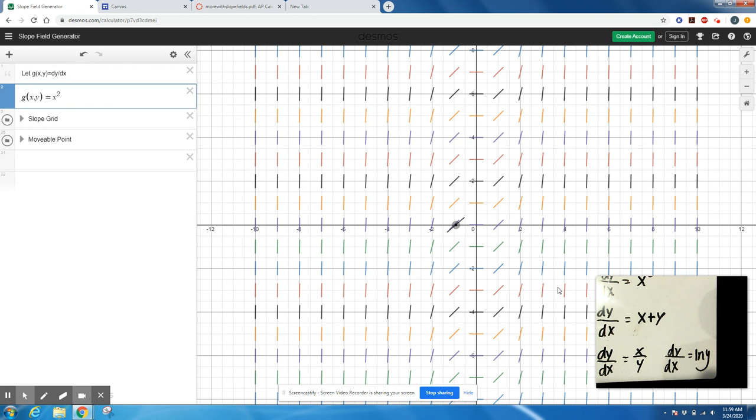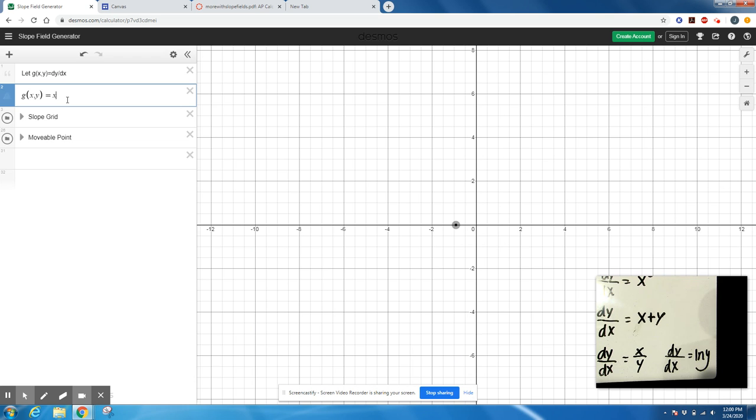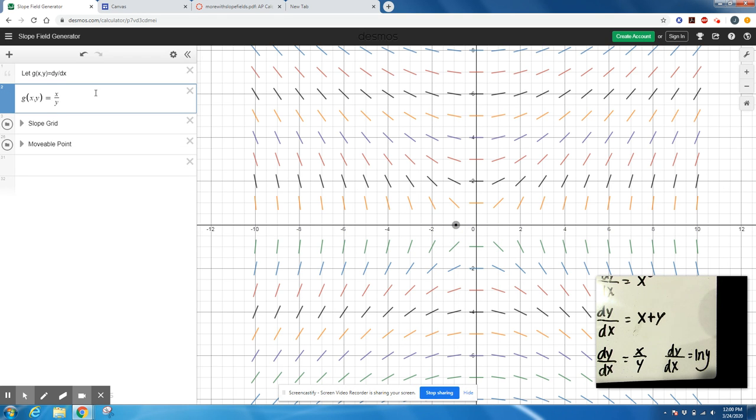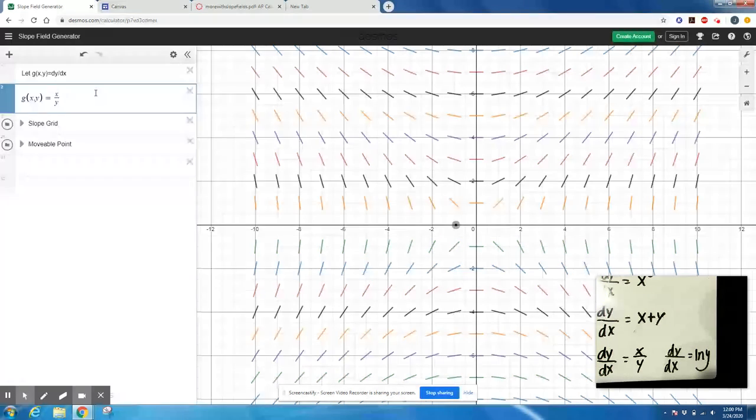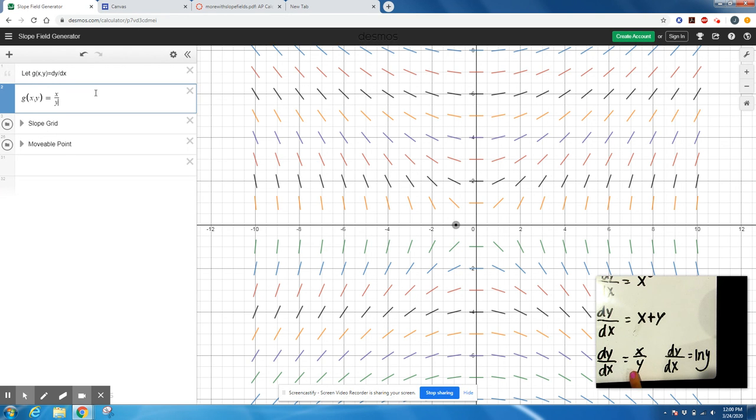We're going to go to choice D, which is x over y. Here is the slope field generated by the dy dx of x over y. This looks hyperbolic. I bet if you had a moment and separated the variables and integrated, you would get something with x squared minus y squared or y squared minus x squared.